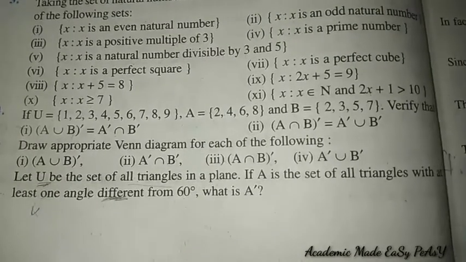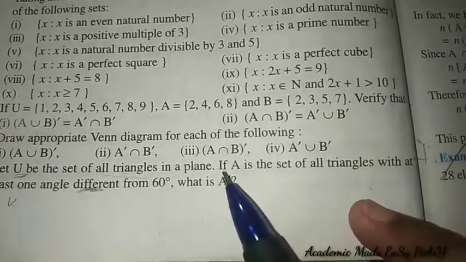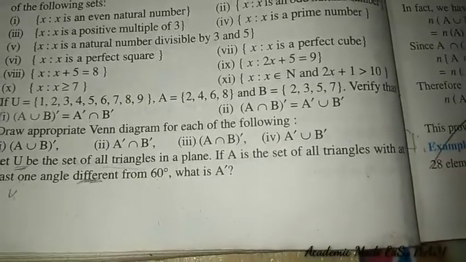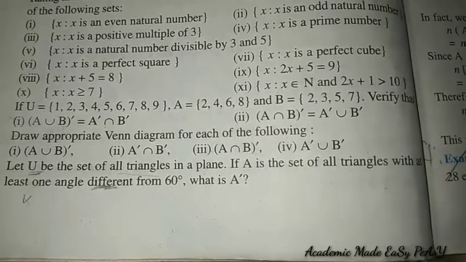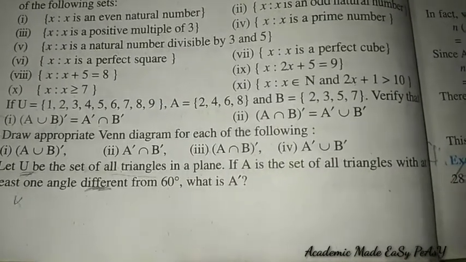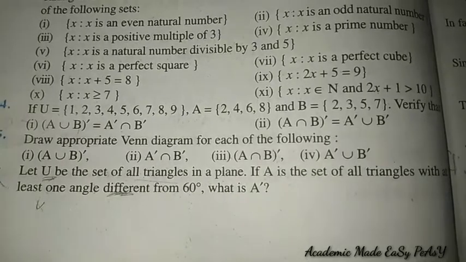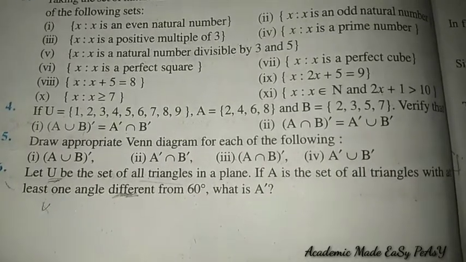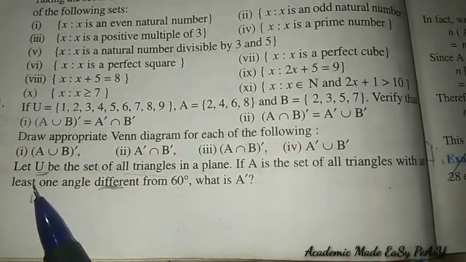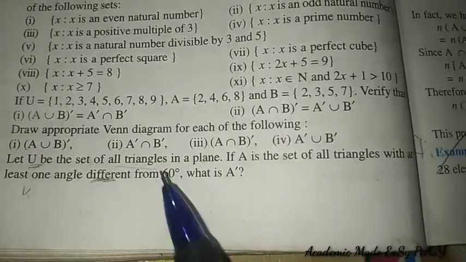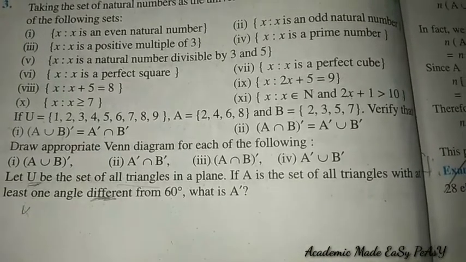So A contains triangles like scalene triangle, isosceles triangle, right angle triangle, whatever triangle it is, except equilateral triangle. Why? Because in an equilateral triangle, every angle will be 60 degree only. Here what is given is at least one angle different from 60 degree, so only equilateral triangle will not be there.